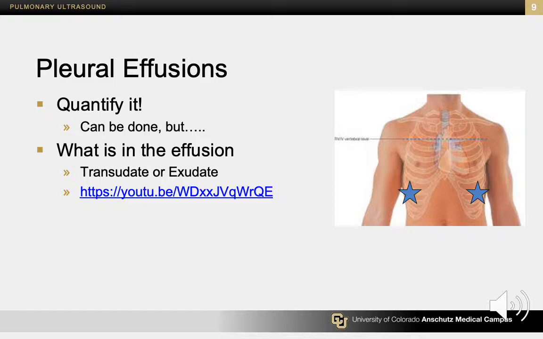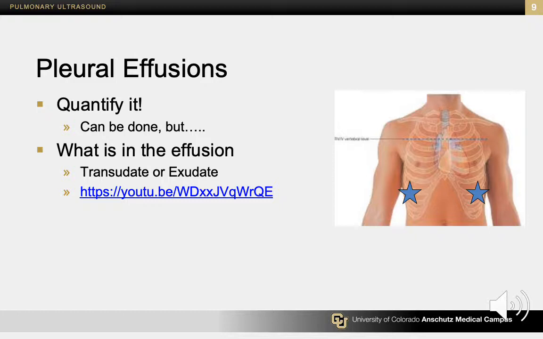If we can parse out a large pleural effusion from a small one, that's as far as we need to go right now. There are definitely some videos if you're looking for a deeper dive on how to calculate Rembrandt or Ballack, but it's not something we're going to go super in depth on here.